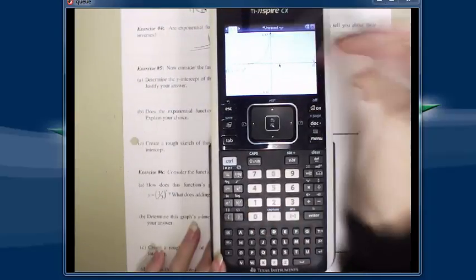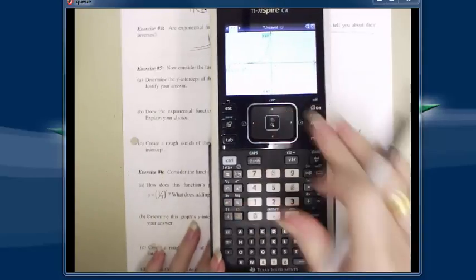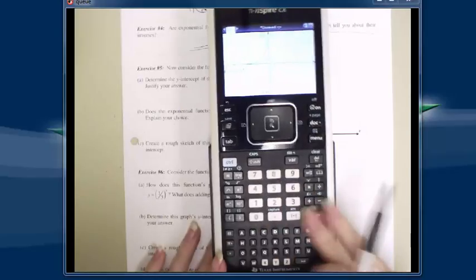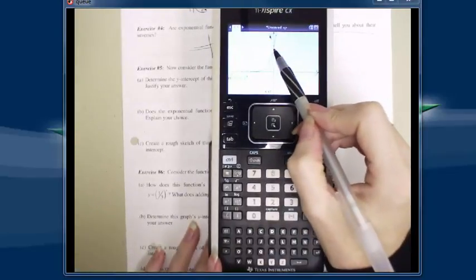I'm not seeing where I hit the y-intercept, so first I'm going to come up here, click on this, make this 12, just a bigger number, and now I can see the y-intercept very nicely. It's right there. So I know the answer to my question is 7.